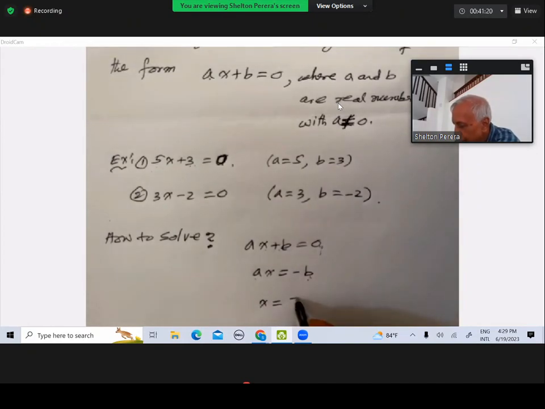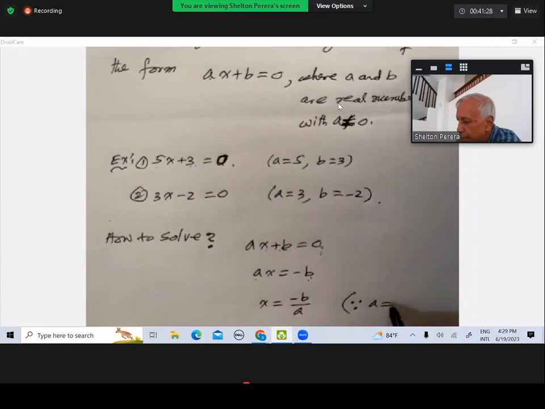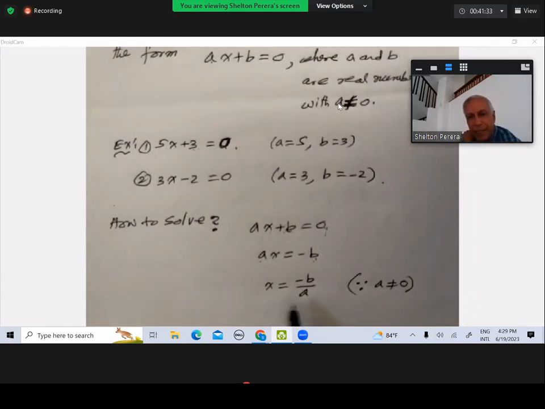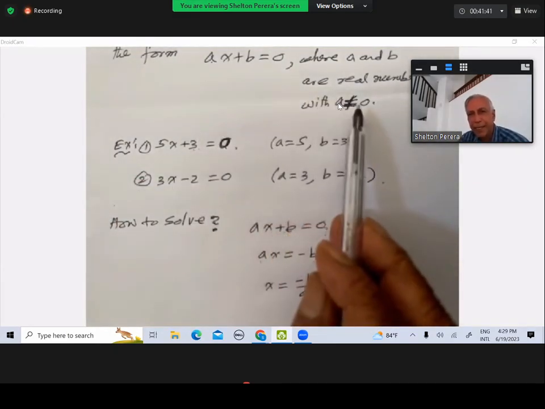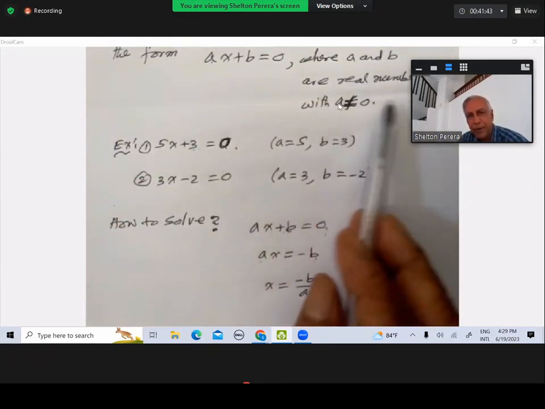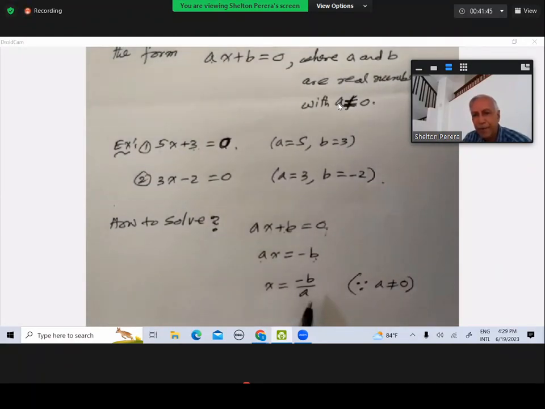So you get minus b divided by a, because we know, since a is not equal to 0. See, if a is 0, you cannot divide by 0, undefined. But since a linear equation carries that condition with it, a not equal to 0, we can divide by this.